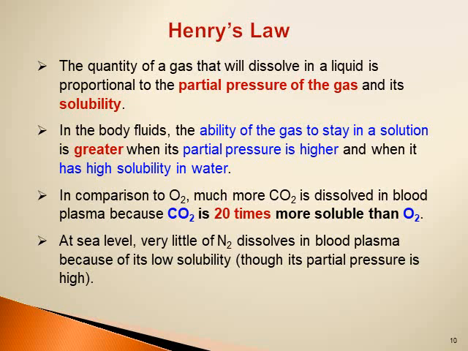At sea level, a very little amount of nitrogen dissolves in the blood plasma because of its low solubility. So nitrogen has very low solubility, so we won't find a high amount of nitrogen in the blood, although its partial pressure in the atmospheric air is high.